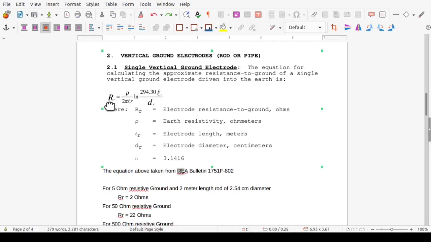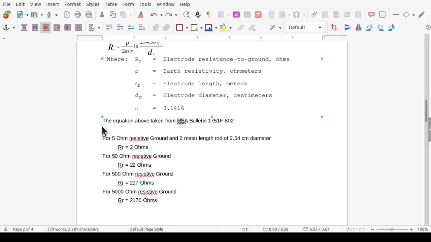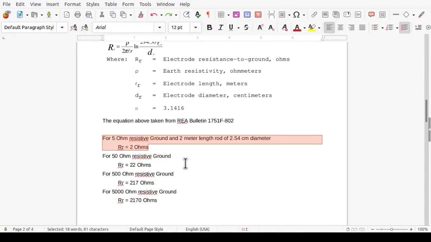This is like you have 1/2 of a resistor, you have its lead, and you trust that the other lead is going to a massive steel block that you can attach to. And when we achieve that, for a 5 ohm meter resistive ground and 2 meter length rod of 2.5 centimeters diameter, 1 inch, we can achieve a ground resistance of 2 ohms.